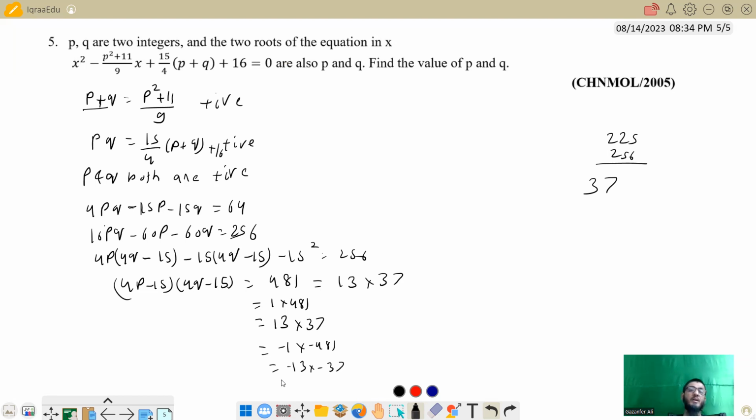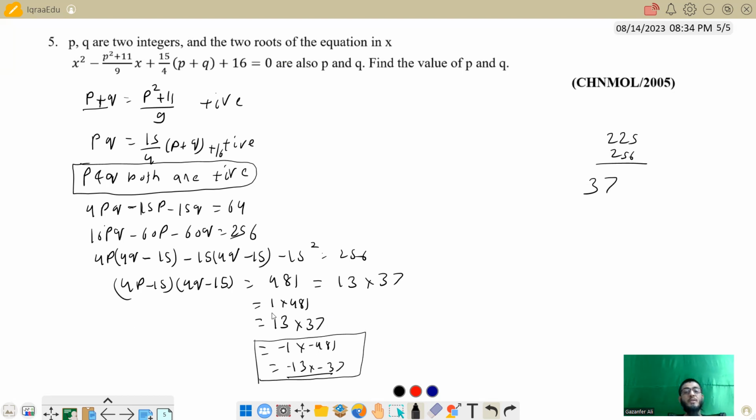Negative values will not give us anything, because one of them will be negative. We know P and Q both are positive; we have concluded from here. If you had not concluded that, you would get negative values of P and Q. So now I have to ignore these two, which will give me negative values.